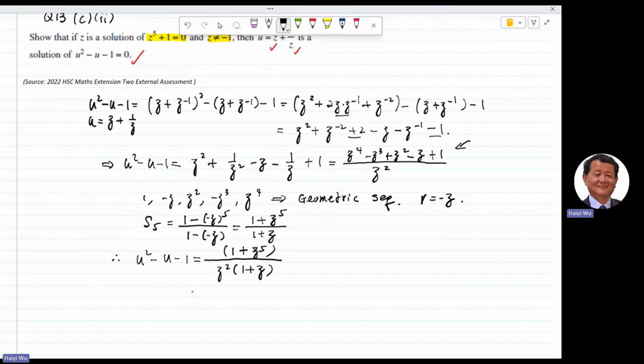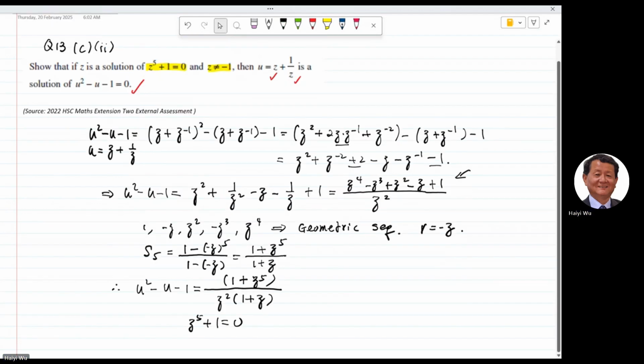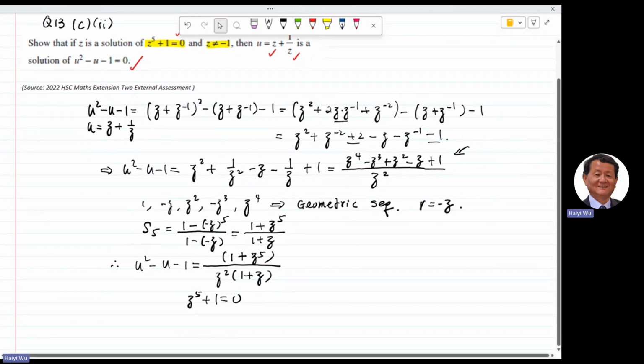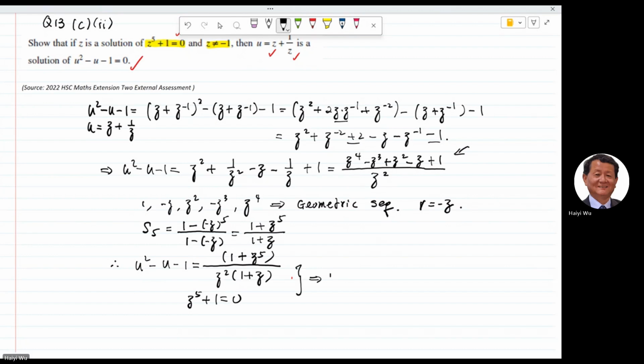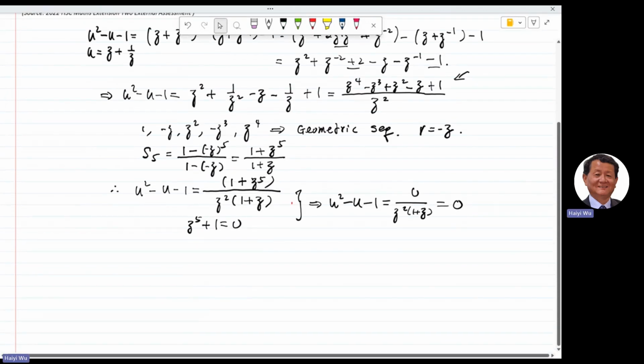Now, because Z to the power 5 is equal to 1, that's the condition we are given, we substitute. U squared minus U minus 1 becomes 0 divided by Z squared times (1 plus Z). So it will be 0. So we proved it.